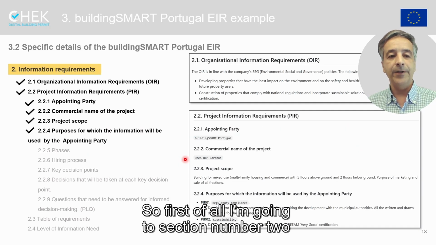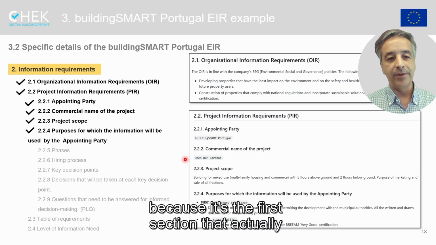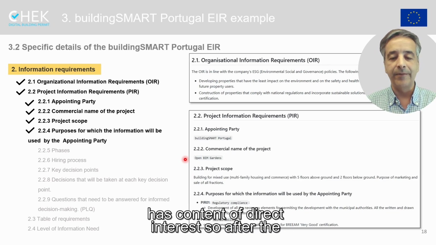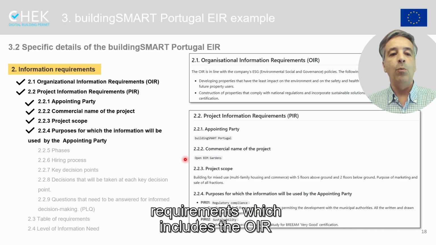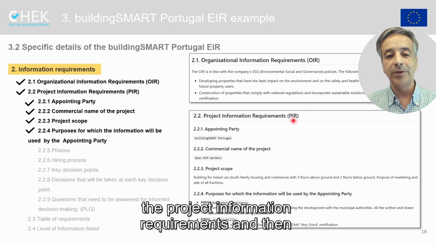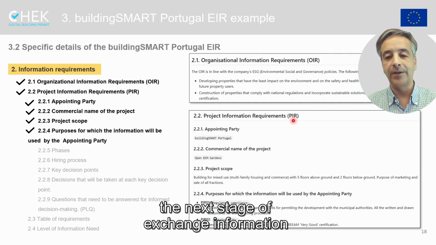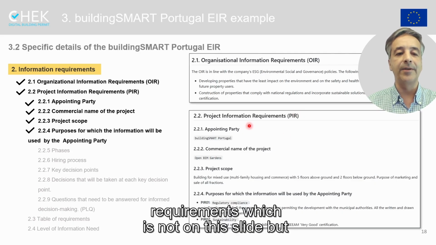So first of all, going to section number 2, because it's the first section that actually has content of direct interest: after the introduction, you will have the information requirements, which include the OIR, the organizational information requirements, the project information requirements, and then the next stage, the exchange information requirements, which is not on this slide.